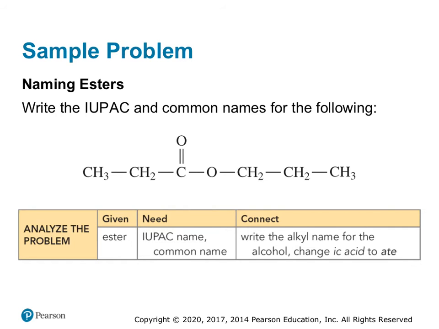So here we're looking at IUPAC names and also maybe some common names. But let's look at the IUPAC name first. So here we have the alkyl group from the alcohol, and here's the acid part.